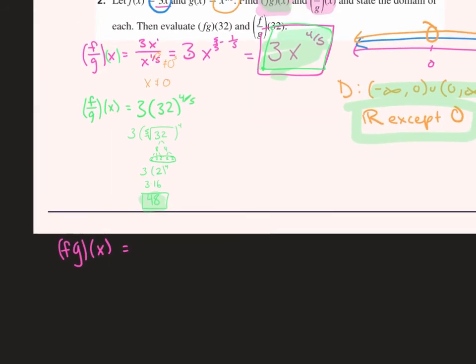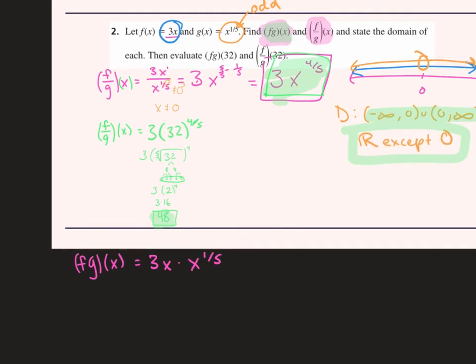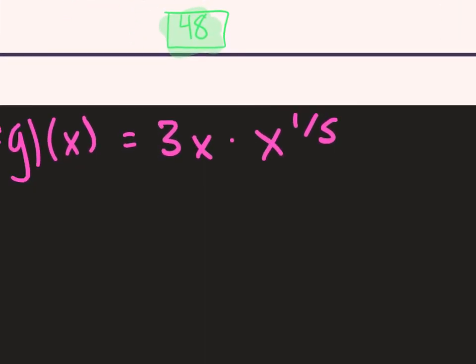We just multiply them together, so we have 3x times x to the power of 1/5. How can we combine these? If we're multiplying, what do we do? Add the exponent. So we have 3 times x to the power of 1 plus 1/5.